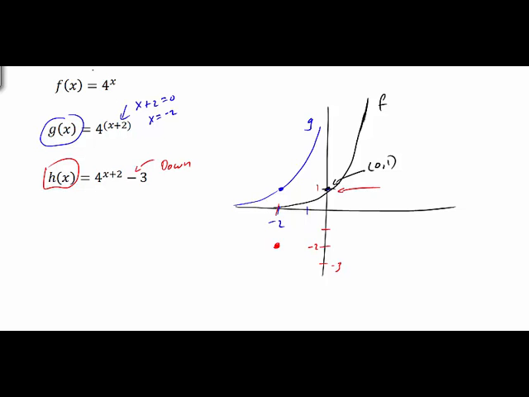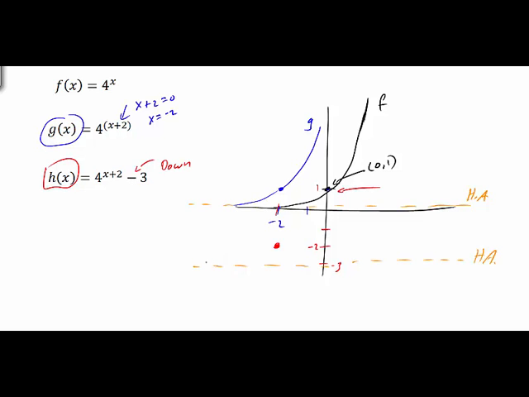that's going to put us at a negative 2. Now keep in mind, the x-axis, remember, is our horizontal asymptote. So that's going to also be moved down 3 units. So that means at negative 3, we would have our horizontal asymptote for the graph 4 to the x plus 2 minus 3.